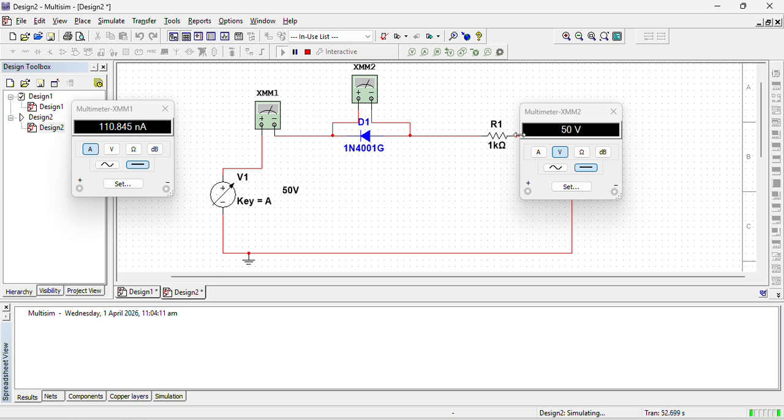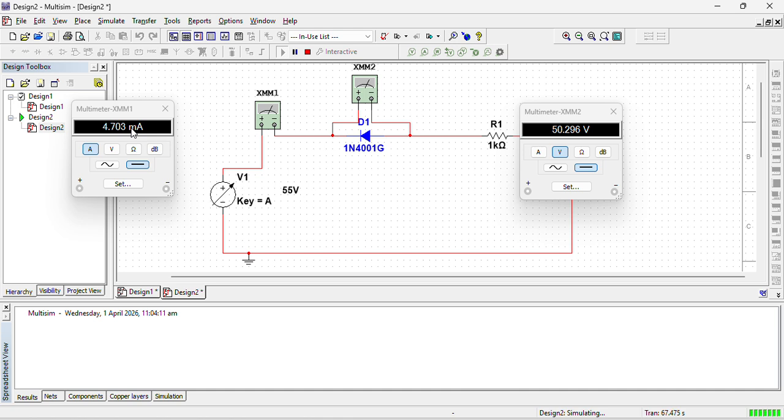So at 50 volt, the current is still nanoampere, but as we cross 50 volt, the current changes from nano to micro. Further increasing from 50 volt, the current increases in microamperes. Further increasing the voltage, now the diode is in breakdown condition. So the current is in milliampere.